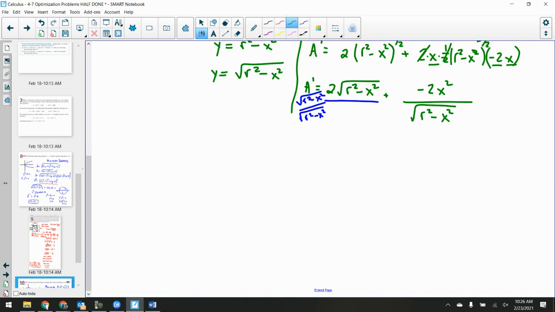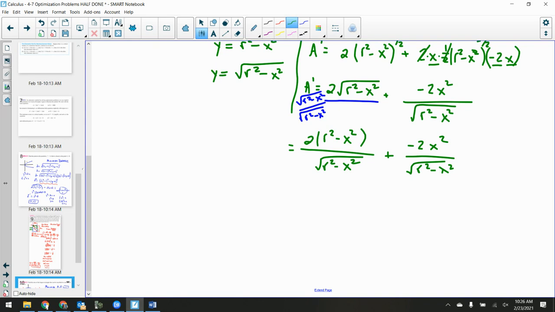All right, so what is that going to accomplish? That's going to take 2 times. Now, what happens when I multiply two things and they both have the square root on them? Square root goes away. So r squared minus x squared all over the square root of r squared minus x squared plus negative 2x squared over the square root of r squared minus x squared.